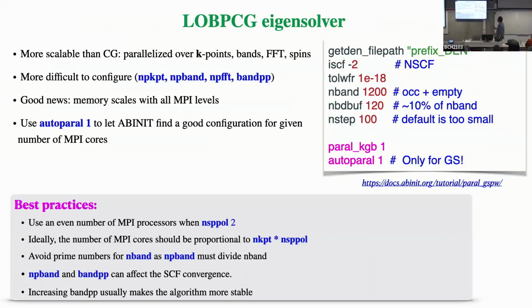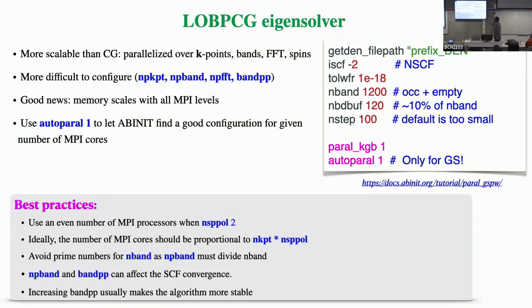The example I showed previously used the iterative techniques to apply the Kohn-Sham Hamiltonian. And for large systems, what we usually do, we use the paral_kgb option that corresponds to an optimized eigenvalue solver that is parallelized over k-points, bands, and FFT.